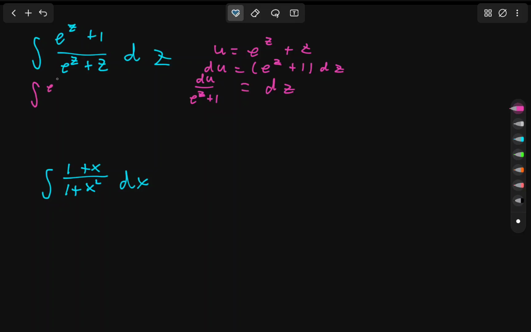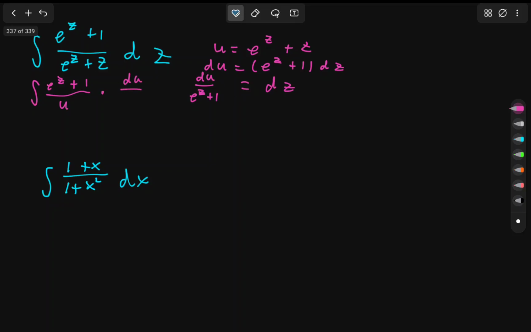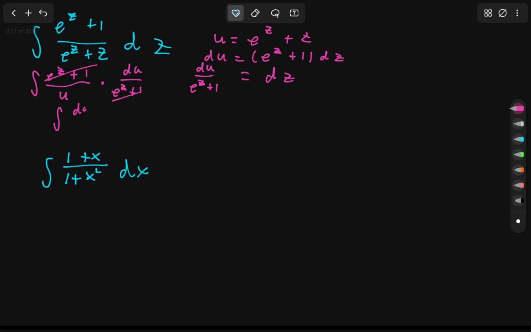We have e to the z plus 1 in the numerator. In the denominator, we just have u times du divided by e to the z plus 1. Well, the denominator and the numerator will cancel, leaving us with the integral of du divided by u.